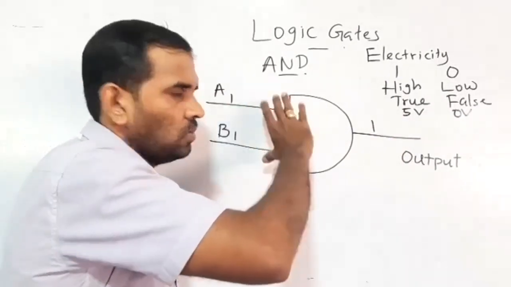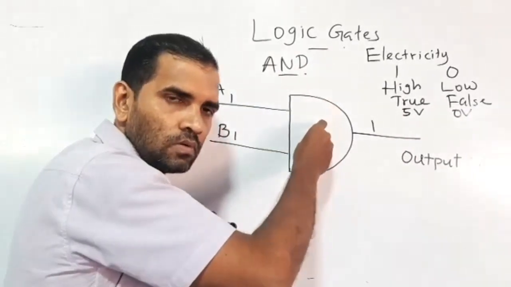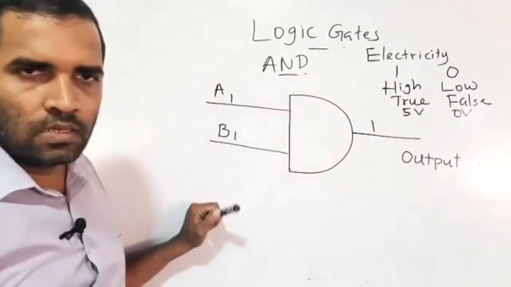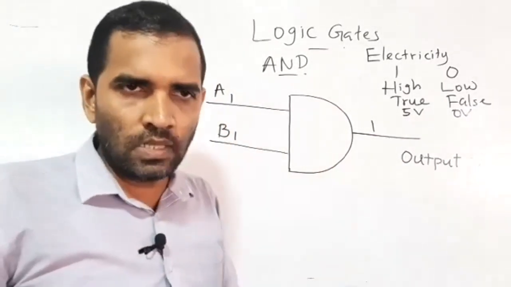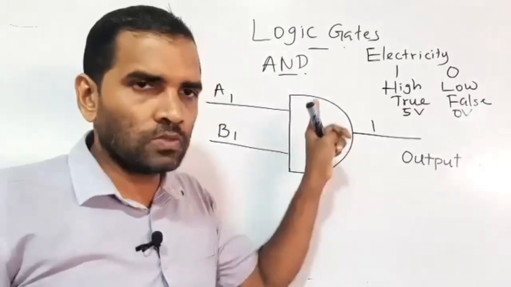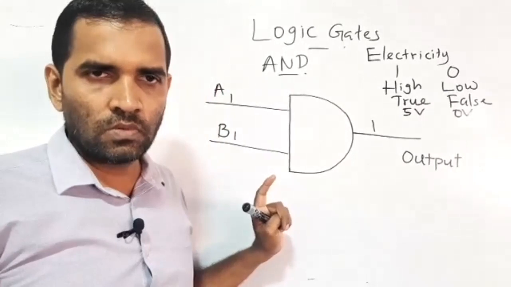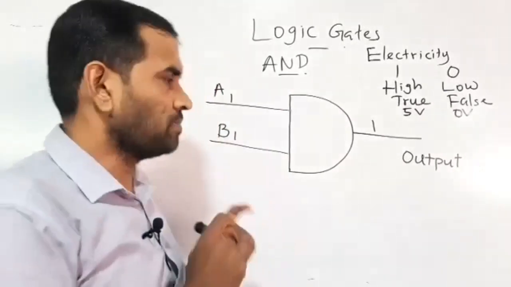Inside the logic gate, there will be an action. There will be a process taking place. As a result of the process, you have electricity as output. Wait patiently, I will explain.